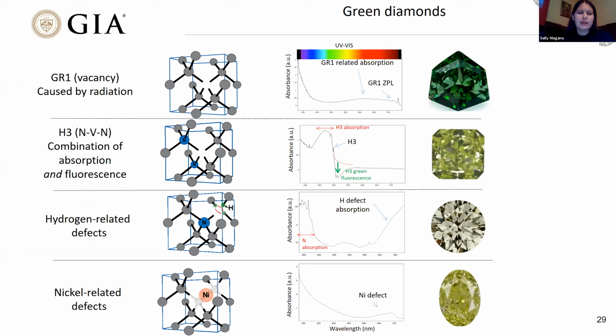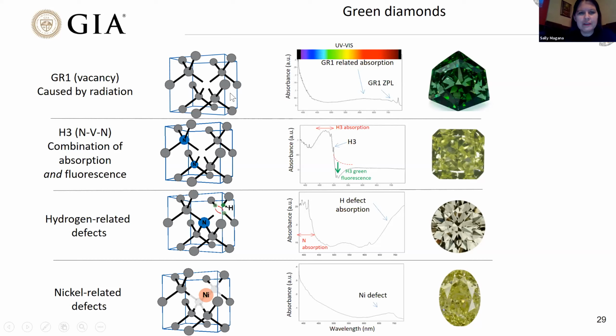But there are several other sources of greenish color in diamonds. So we'll go through all of those. But yes, certainly those caused by radiation give the most vivid and pure colors of greens that we generally see.